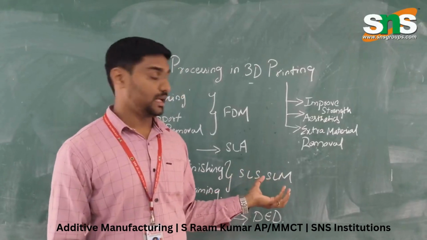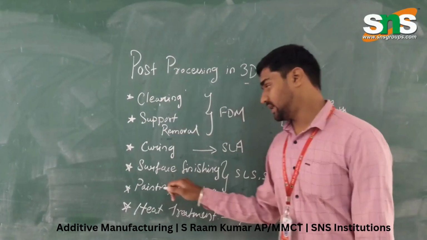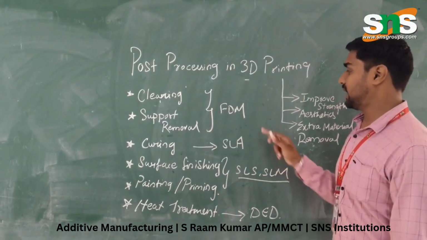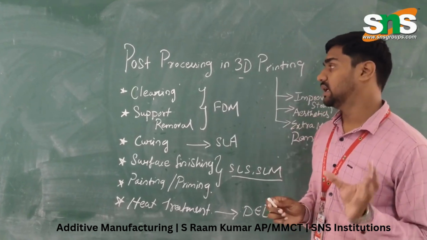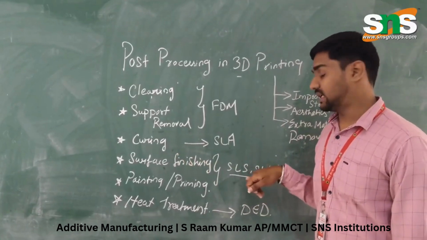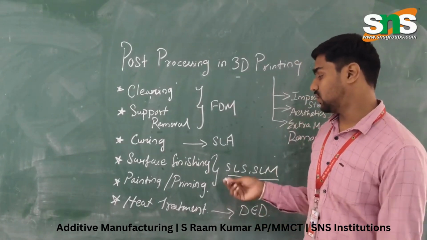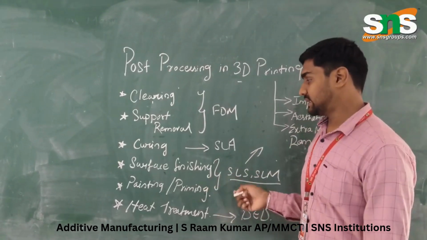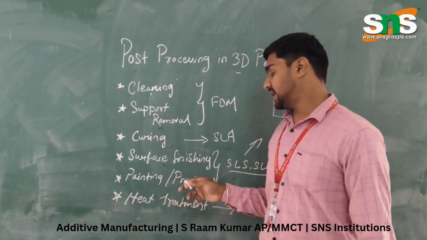In SLS and SLM, surface finishing and painting have to be carried out because, in FDM, only a small amount of material is available in the support structure. But in SLS and SLM, a huge amount of powder is held as the support structure. So in SLS and SLM, the surface finishing has to be carried out in a separate grinding process, and also painting or priming.